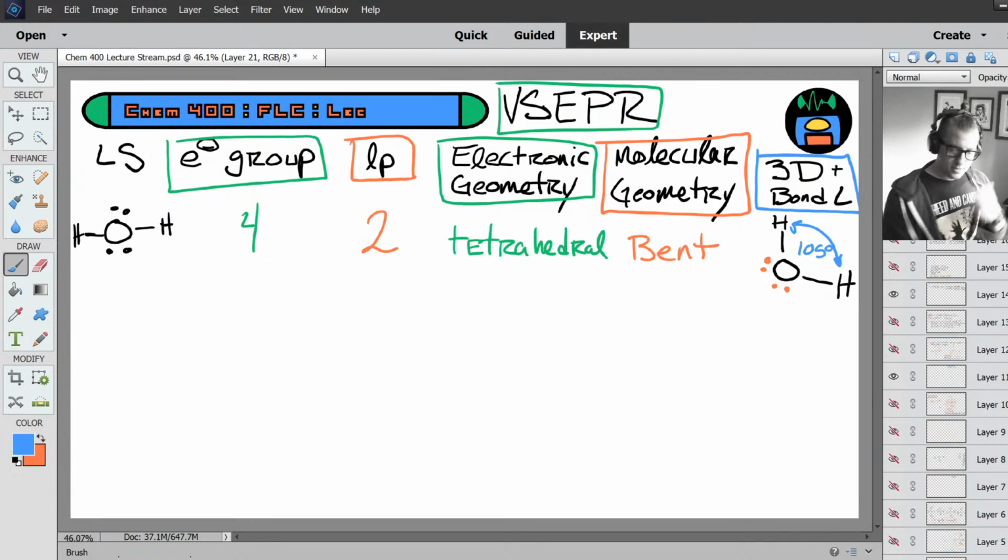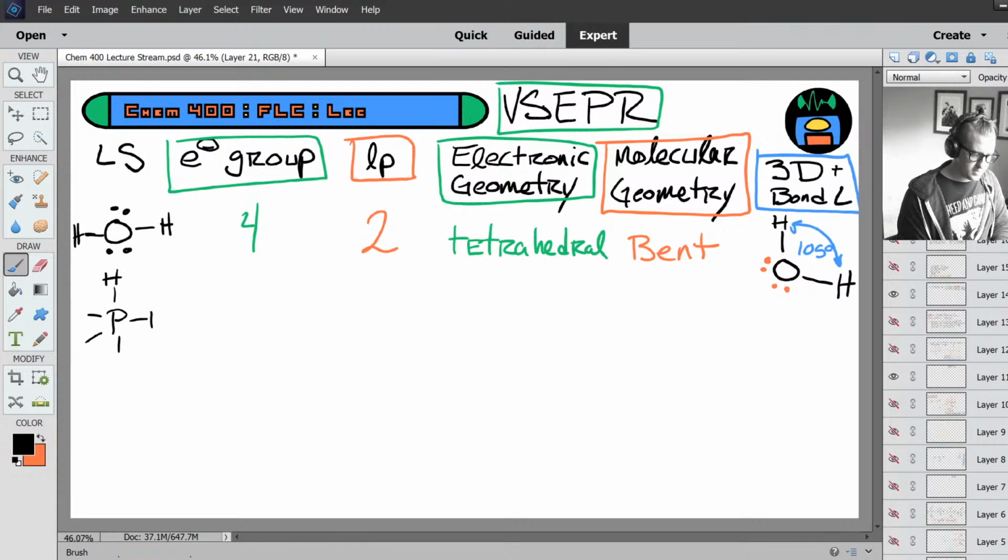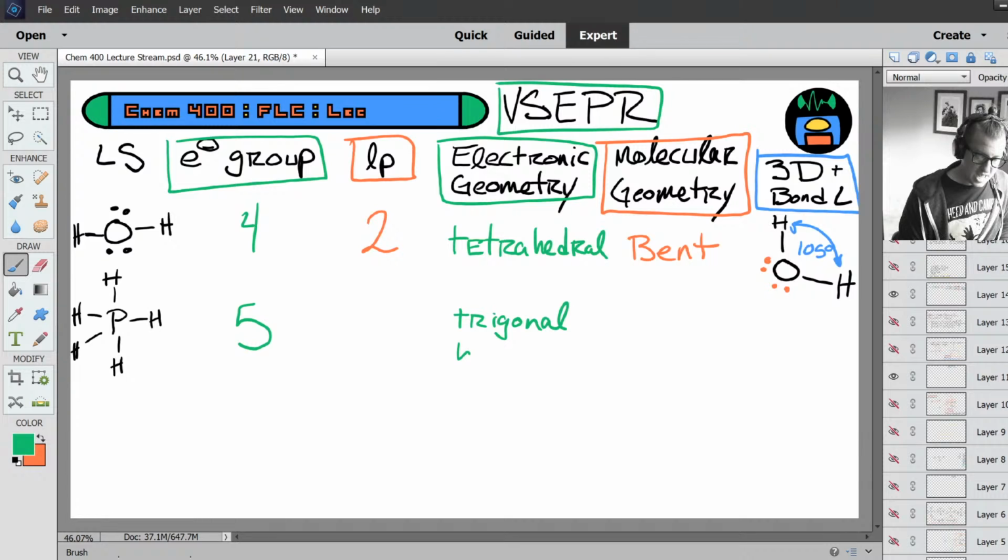All right, let's look at phosphorus pentahydride. We've seen everything that can happen when you have 4 electron groups. What goes down when you can have 5? Every time you have 5 electron groups, your electronic geometry is trigonal bipyramidal.